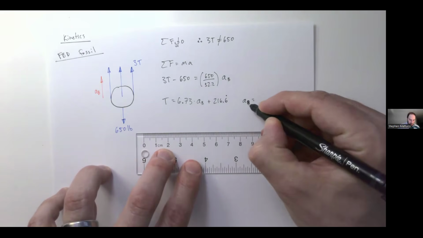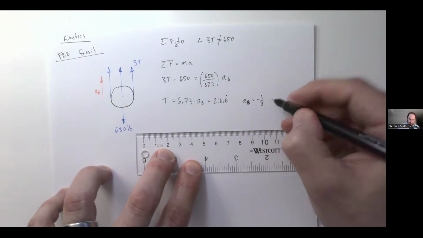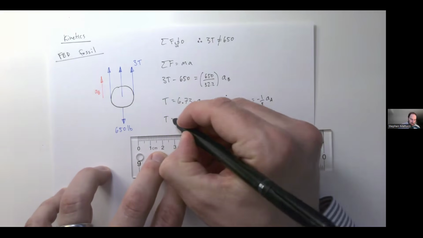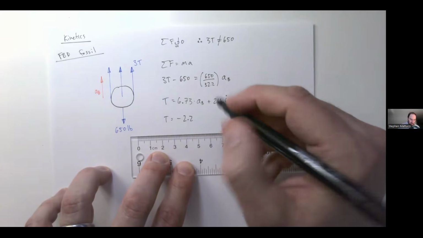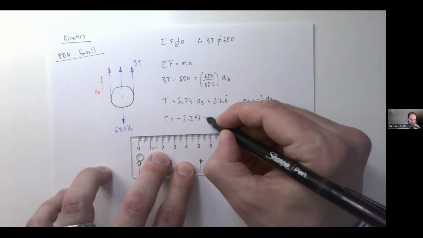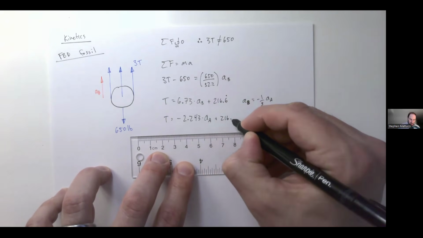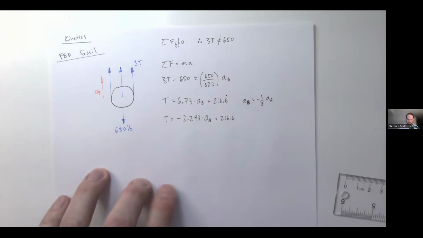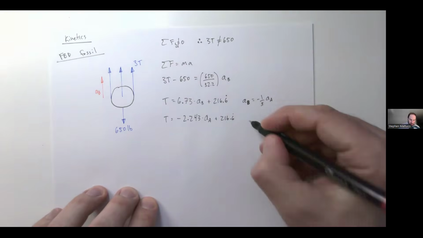So acceleration of B is equal to negative 1/3 acceleration of A. So the tension is equal to negative 2.243 acceleration of A plus 216.6. A little star here.